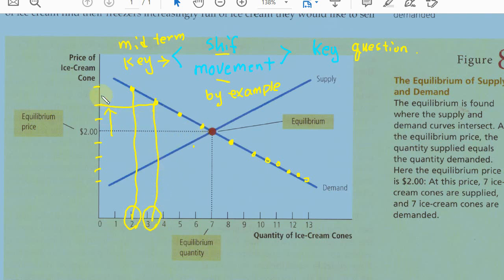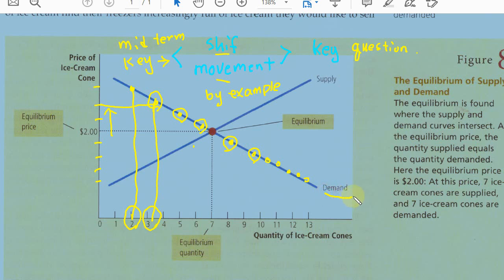Look at this. By the up and down of price, you will see the quantity change along the line. Once this point, where demand and supply meet, moves along the line, which line?